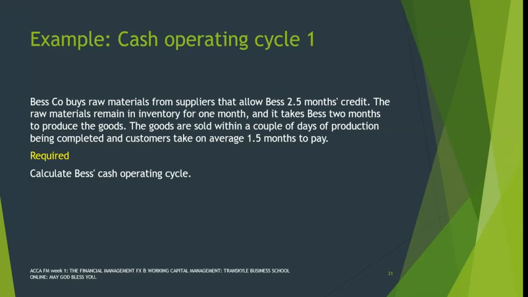The raw materials remain in inventory for 1 month, and it takes Besco 2 months to produce the goods. The goods are sold within a couple of days of production being completed, and customers take on average 1.5 months to pay. Calculate Besco's cash operating cycle.